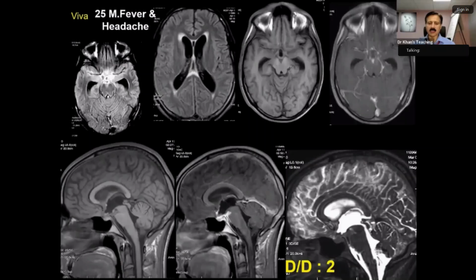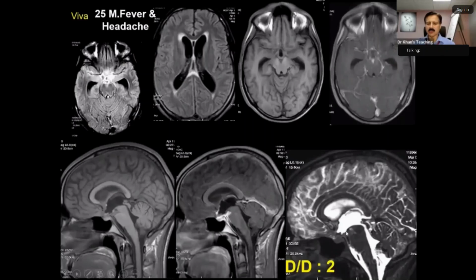Communicating hydrocephalus means that the obstruction is outside the ventricular system. Please remember that CSF goes from the fourth ventricle into the basal cisterns, goes up into the convexity, and gets absorbed by the arachnoid villi into the sagittal sinus. So the obstruction is at the level of the basal cistern.